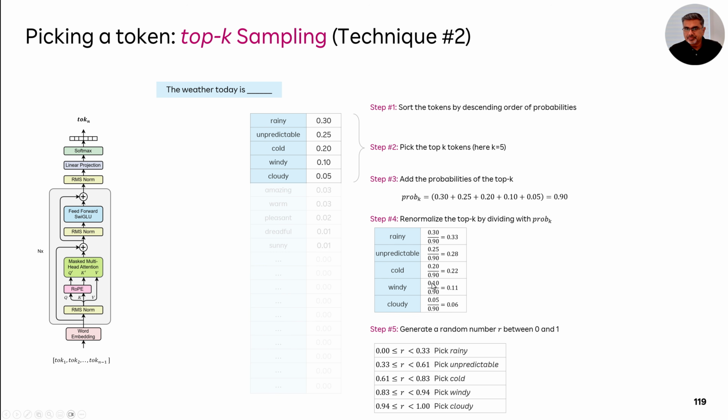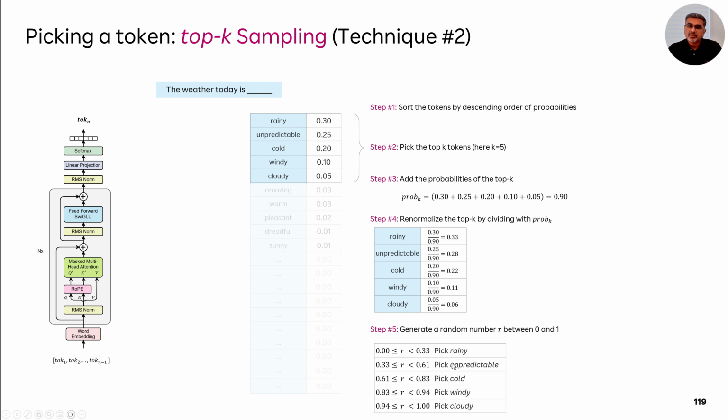Rainy had a renormalized value of 0.33, so that makes sense. 0.61 comes from 0.33 plus 0.28, the probability of the next token. Add 0.61 plus 0.22 and you get 0.83. All of this adds up to 1.0, or 100%.